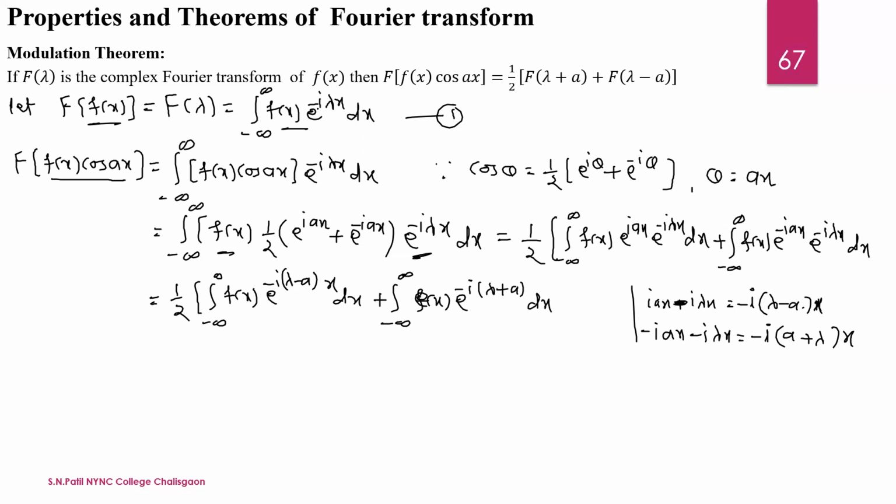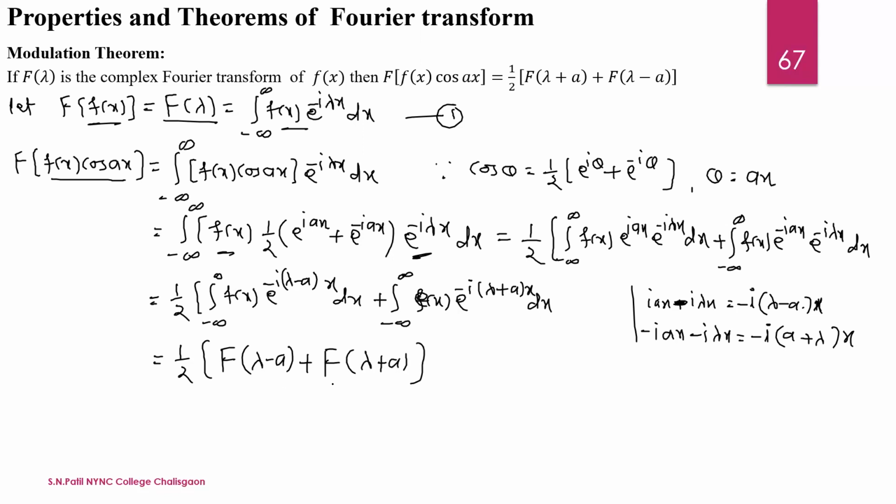Now from equation 1, the coefficient of minus ix in the exponential power is lambda, then write F of lambda. Same concept we apply here, that is 1 upon 2 capital F, the coefficient of minus ix is lambda minus a, plus capital F, the coefficient of minus ix is lambda plus a.